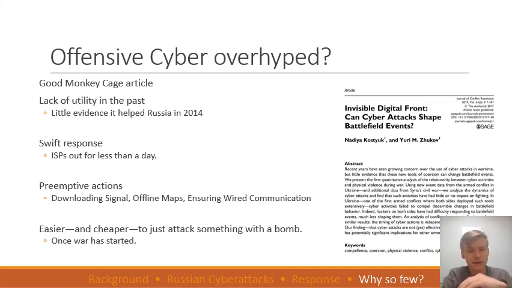I particularly like it here because I read an article on there that was talking about this, and it cites some research. For example, this paper that I read for another class, Invisible Digital Front, Can Cyber Attacks Shape Battlefield Events? This is a political science international relations paper which looked at Syria and Ukraine pre this invasion, and found that cyber attacks are actually not that useful on the battlefield.